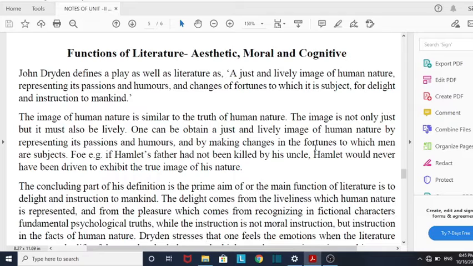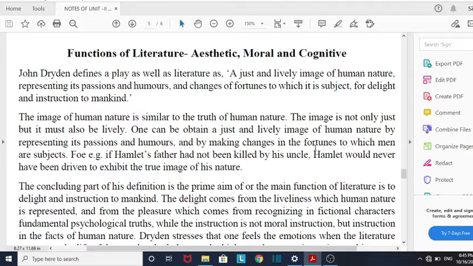So in that book actually he wanted to talk about the play, and he tried to define play, but as his definition of play is also applicable to literature, I have included his definition here, and now I'm going to read it. So what is Dryden saying?